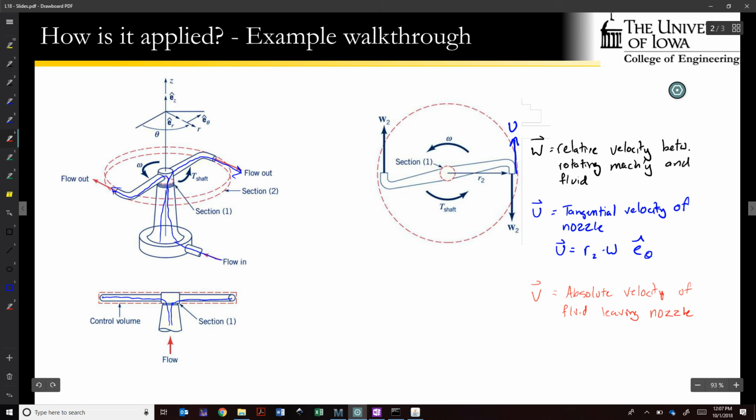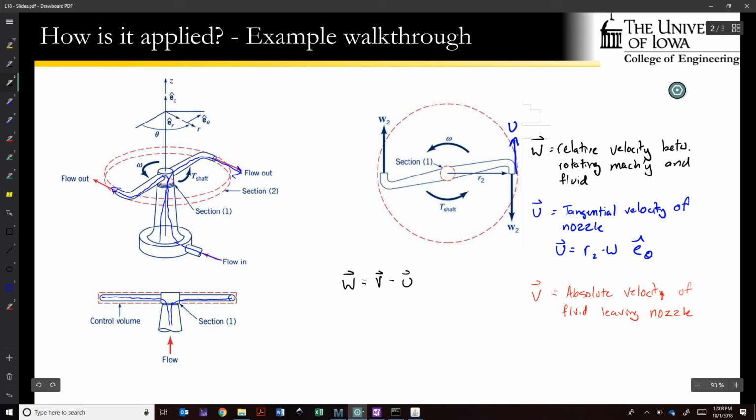The way we would get v is from this definition: if w is the relative velocity, that means that w is equal to v minus the velocity of the nozzle itself. It gives us the difference between those.